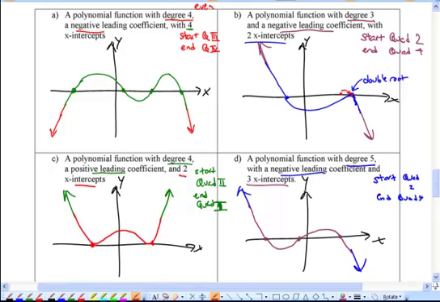If you're not too sure if yours is actually right, bring it back to class and I'll take a look at it with you. Okay, but these are just some samples.